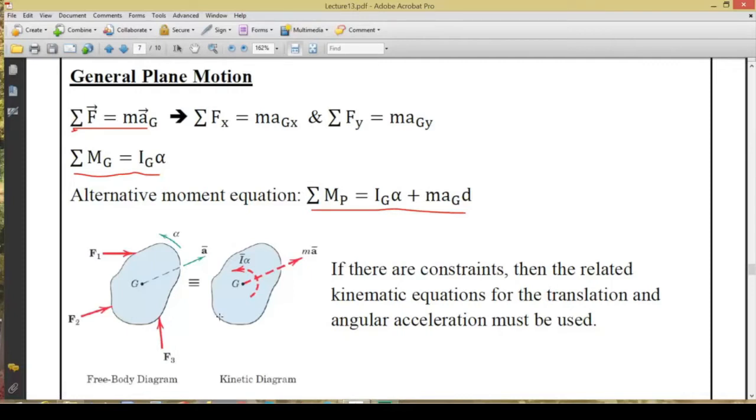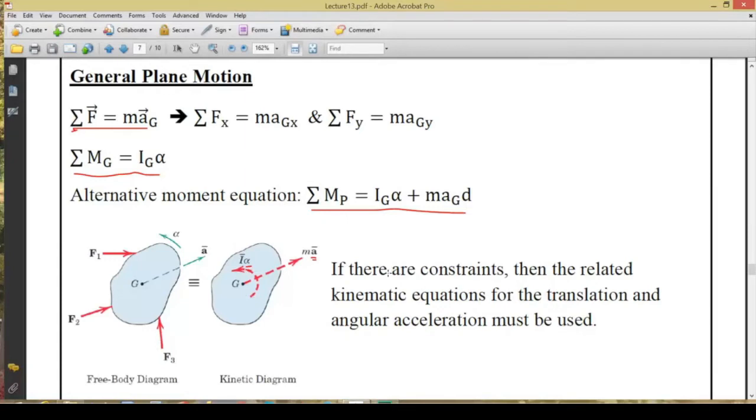And there is this kinetic diagram, or the resultant force diagram, which shows the right-hand side of the equation, which could also be named as the D'Alembert forces anyway, but it's just the right-hand side of the equation where it includes the linear acceleration and the angular acceleration components.